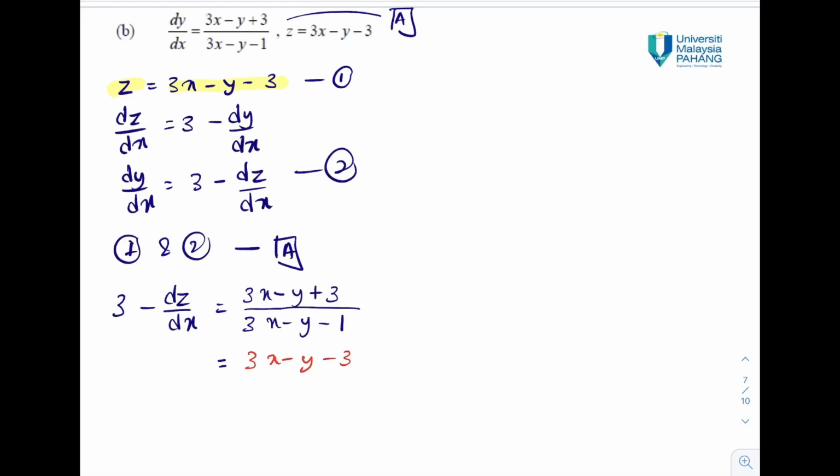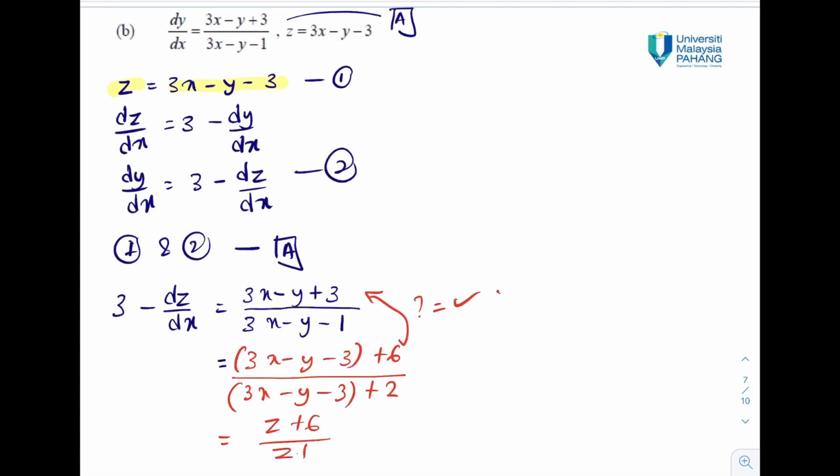I put plus 6, so it is equate to this, right? Yes. Okay, so then next is 3x minus y minus 3. I want to balance back, so I put my plus 2. Okay, it balanced. So then we just replace by z plus 6, z plus 2.